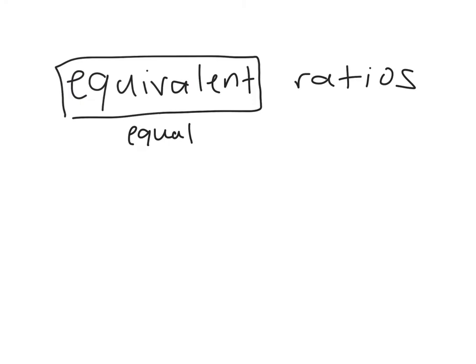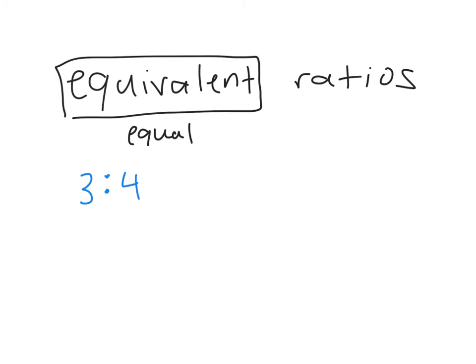So if I had a ratio of, let's say, 3 to 4, I have 3 roses to 4 sunflowers. I can represent the same relationship by multiplying each of my terms of the ratio, so each of my 2 quantities, by the same number.